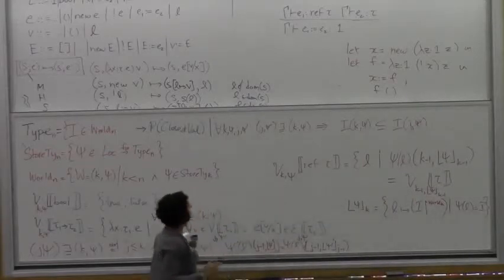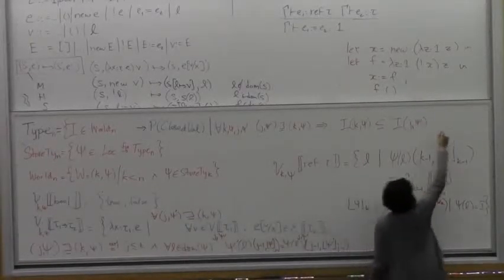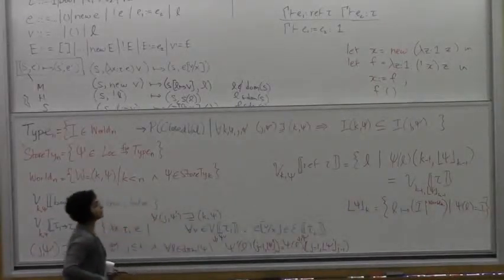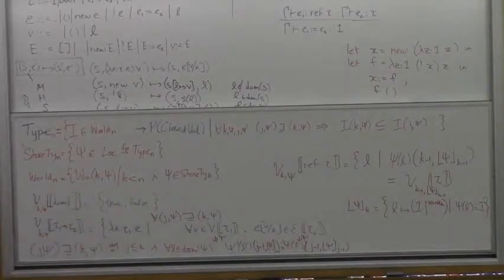Okay? So again, just the same downward closed sort of monotonicity property. Extension under future worlds.